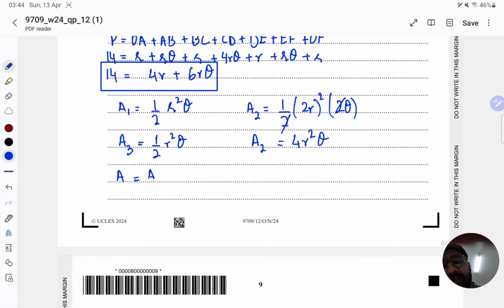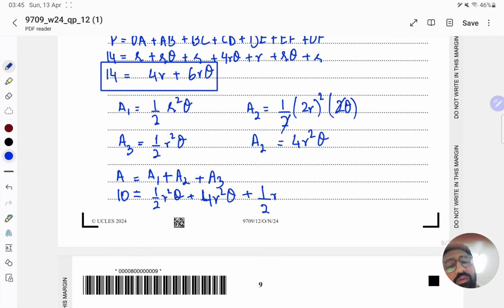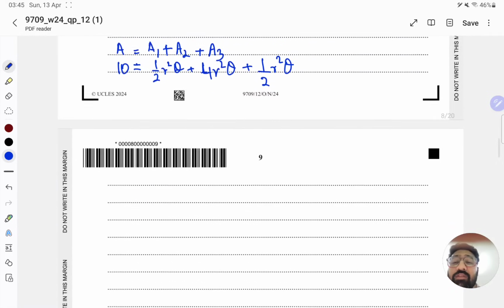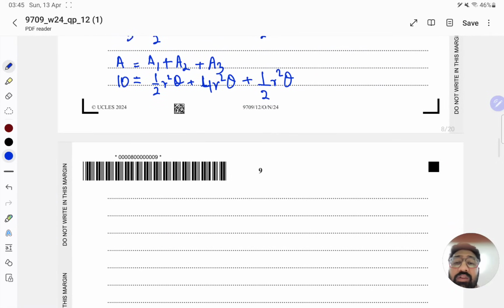So total area will be equal to A1 plus A2 plus A3. So 10 equals 1 by 2 r square theta plus 4r square theta plus 1 by 2 r square theta. So 1 by 2 plus 1 by 2 makes it 1. So basically 5r square theta equals 10.